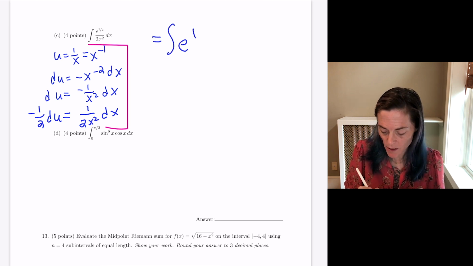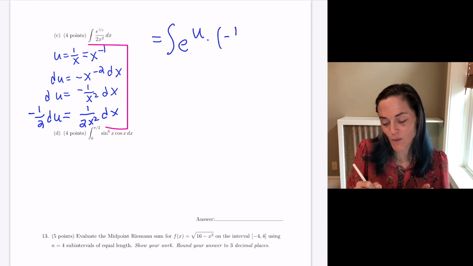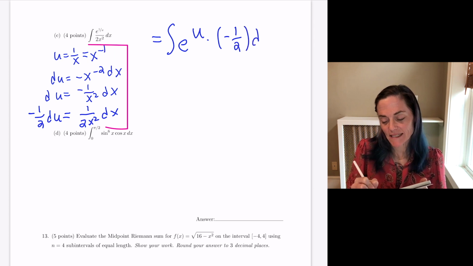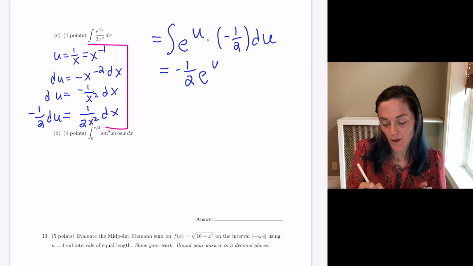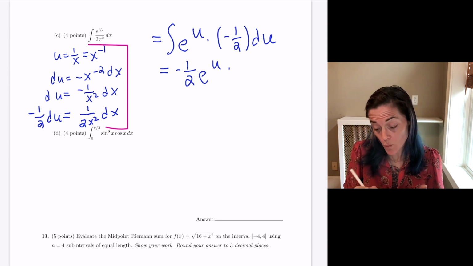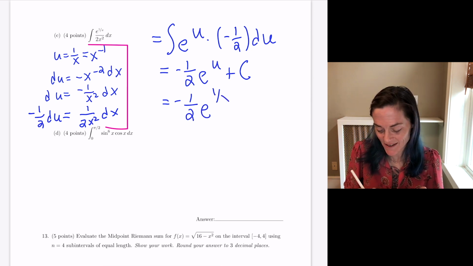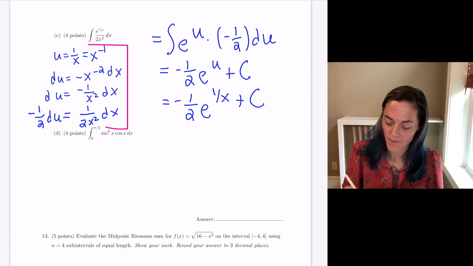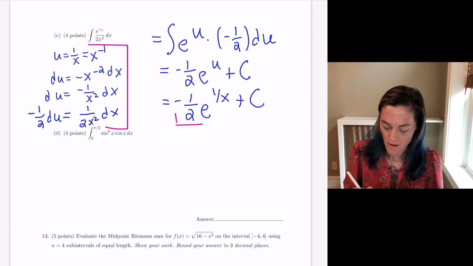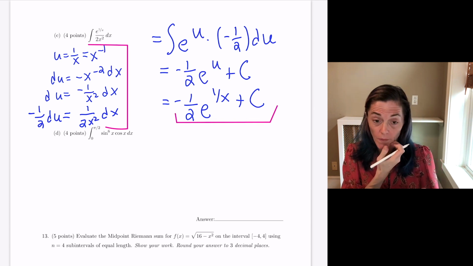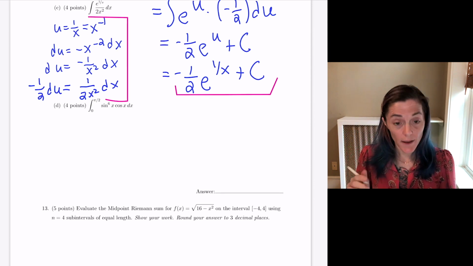We have e to the u times minus 1/2 du. We get minus 1/2 e to the u plus c, and then we go back to x. So minus 1/2 e to the 1 over x plus c. Here is my answer.